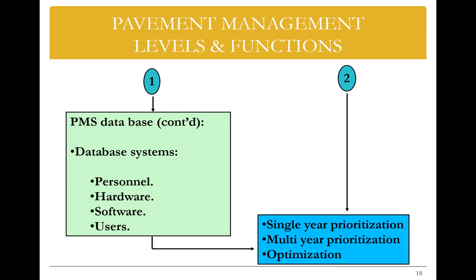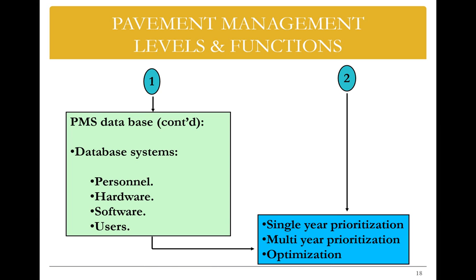There are some software packages, including Microsoft Excel, Access, and others, to include, measure, and store all the data that we gathered from the field in one single software to predict the future performance of the pavements, all the way to users, who are engineers most of the time or technicians, who will be handling all the collected data in one system, and how we can use it in the data analysis.